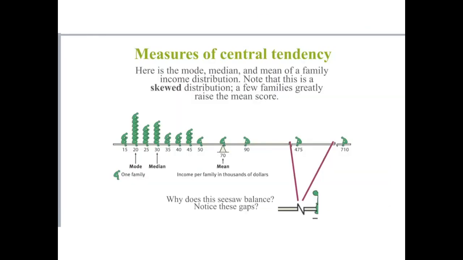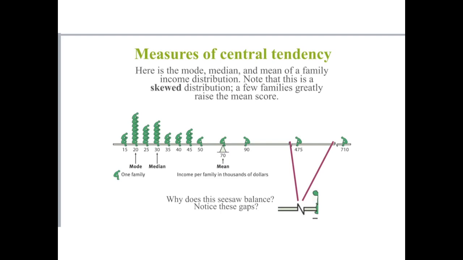So now we're going to dig a little bit deeper into these measures of central tendency and then connect them to a bell curve or a normal curve and how scores are distributed. Looking at this, we see the mode, median, and mean of this family income distribution. Note that this is a skewed distribution, meaning a few families greatly raise the mean score.